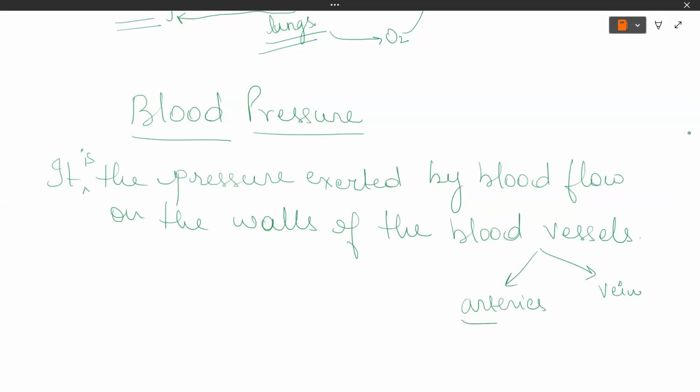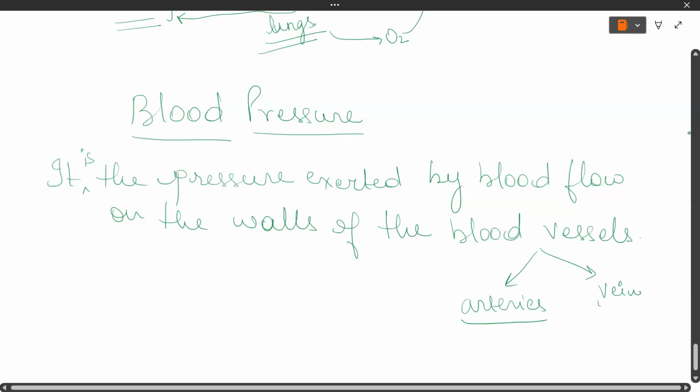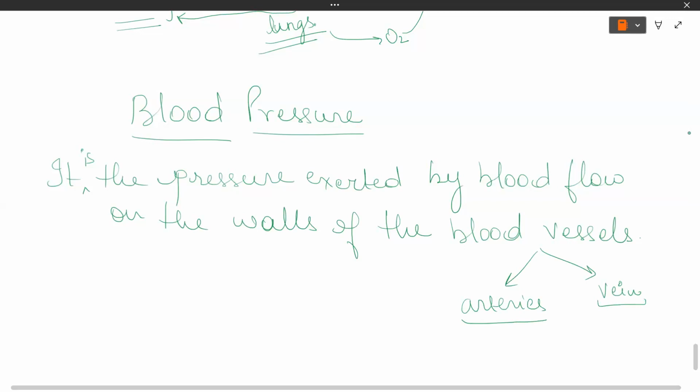Can you tell me what type of blood the arteries and veins transport? Oxygenated and deoxygenated blood. Yes, so arteries transport oxygenated blood, and the veins transport deoxygenated blood. But is there any exception here?